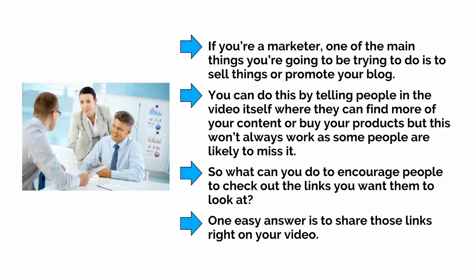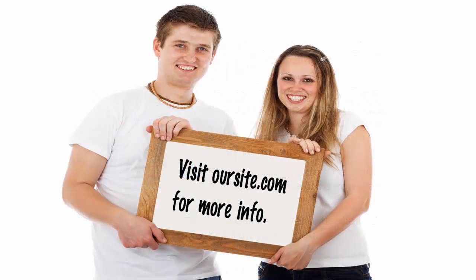Well, one easy answer is to share those links right on the video. On YouTube, you might do this by having a caption on the video or even a link. Now, as you can't do this on a Periscope video, then what you'll need to do is find another way to add the text. And one way to do that is simply to include your branding in the video itself.